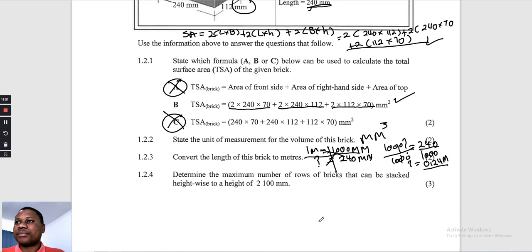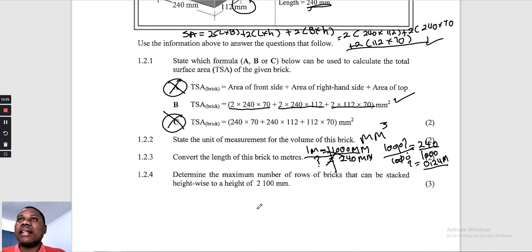Okay, let's proceed to 1.2.4. Determine the maximum number of rows of bricks that can be stacked height wise to a height of 2100 millimeters. So it means that if we're stacking our bricks height wise, how many bricks can we put on top of each other if we have a height of 2100 millimeters.